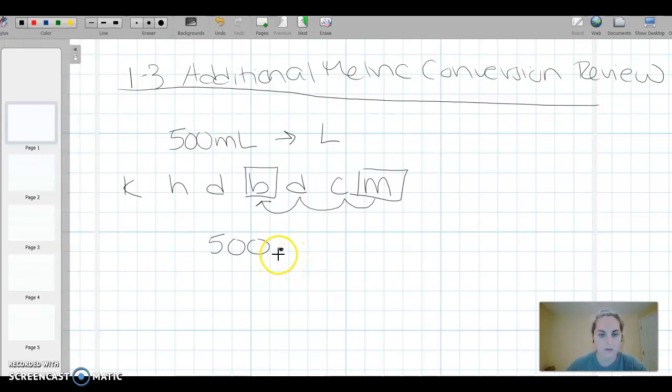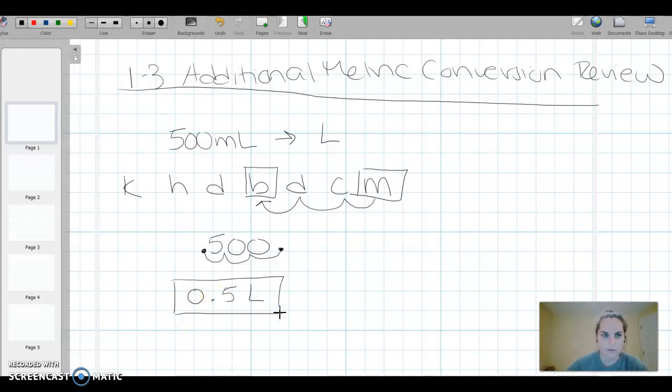We have 500 milliliters, and now let's move that decimal over 3 to see how many liters we have. So 1, 2, 3, that new decimal point place is right there. So 500 milliliters converted to liters would be 0.5 liters.